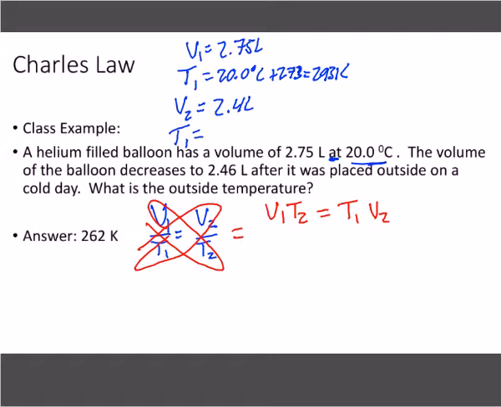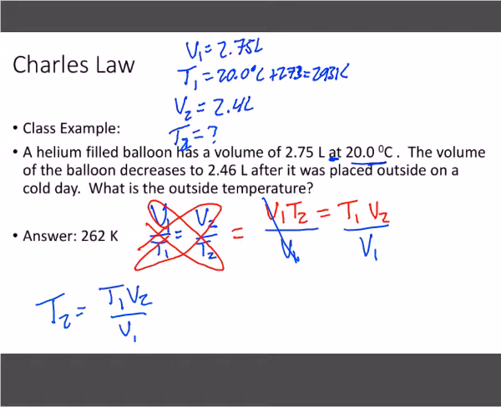All right, so now solve for your unknown. We're looking for T2. So we're going to get that by itself. We're going to divide by V1. Bam. So we have T2 equals T1 V2 over V1. It's very easy to make mistakes. This is why I'm trying to encourage you guys to solve for your unknown first, so that now it's just plug and chug if you have things written down.